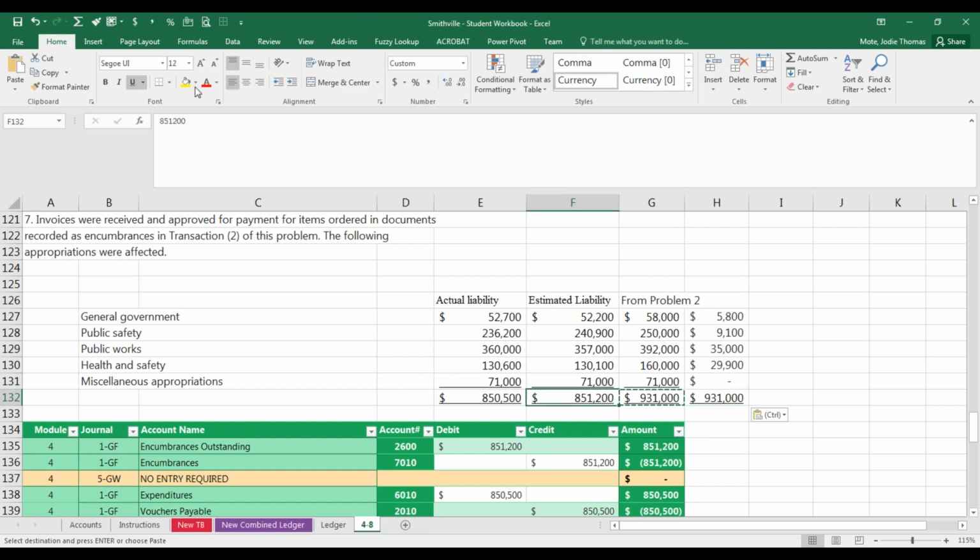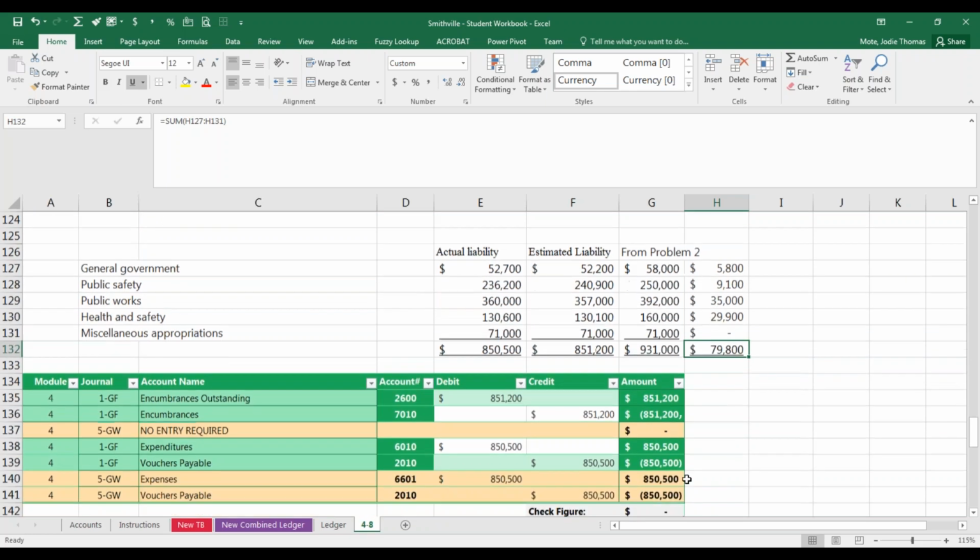Let's do a real sum here, so there's our original, here's our difference. So this is what would be left in the encumbrances outstanding account, which would show you on your budgetary schedule that you've got $79,800 still out there. That's not quite an appropriation yet because you hadn't got an invoice for it, but we have ordered it.